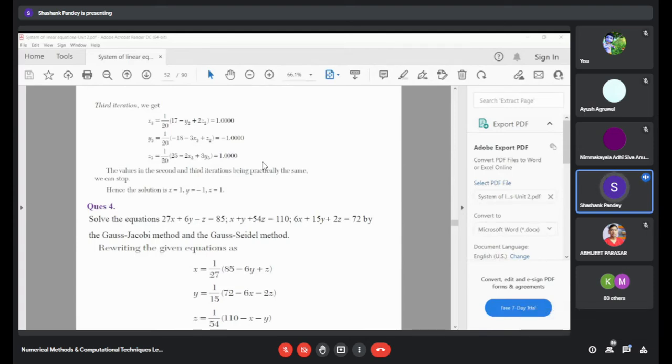And what about Abhijit? Are you getting the same answer? No, sir. So Ankit is getting 2.42 and 3.57.